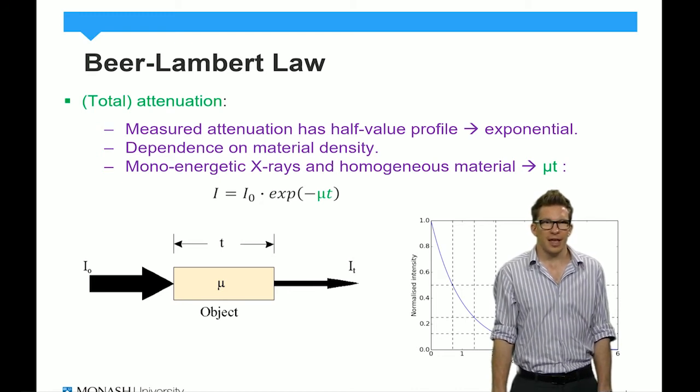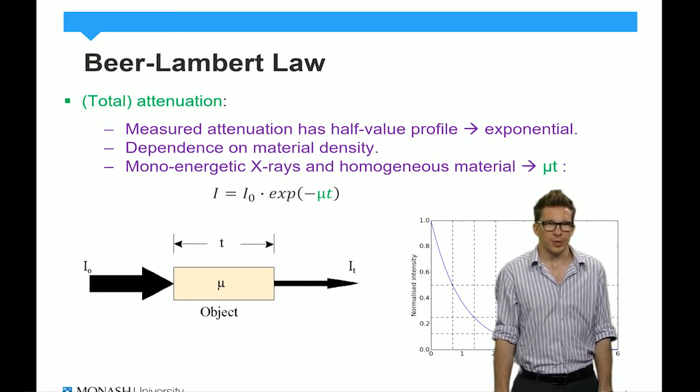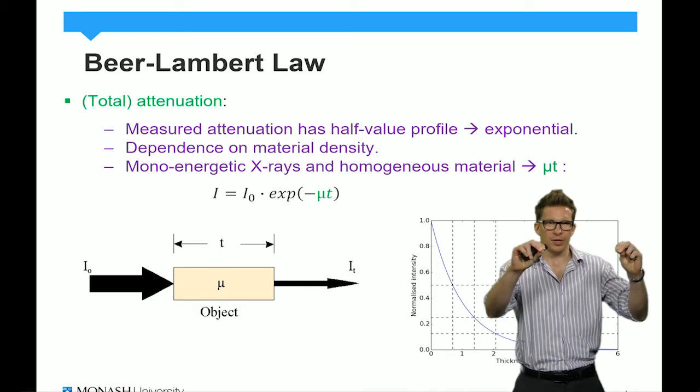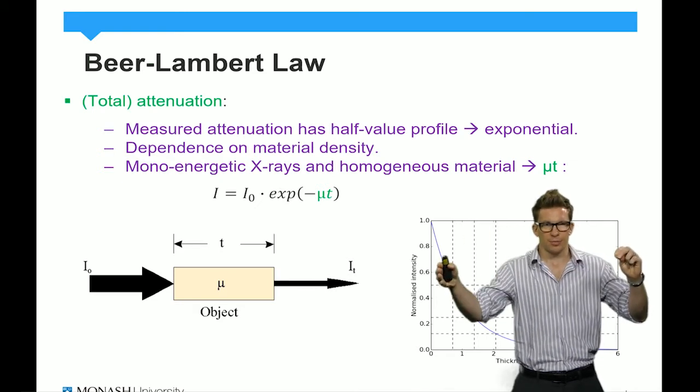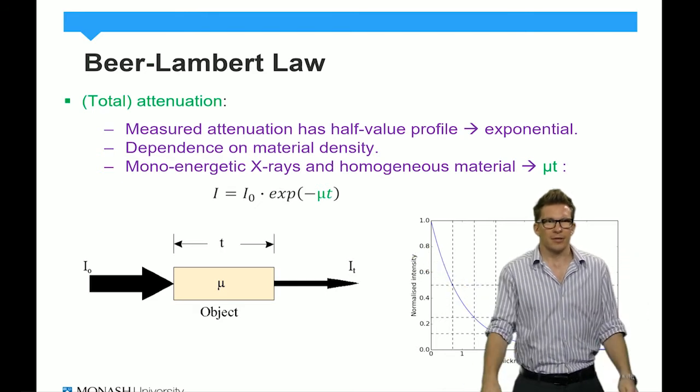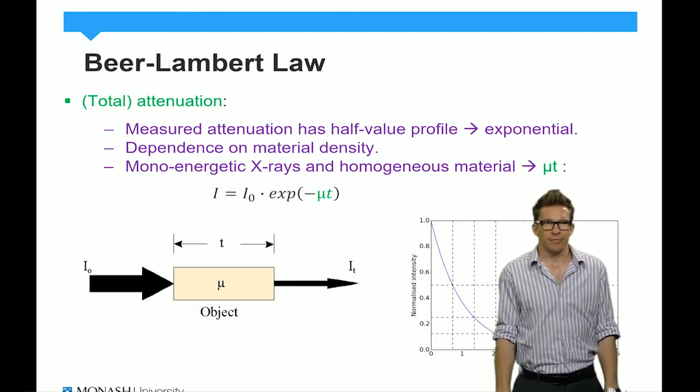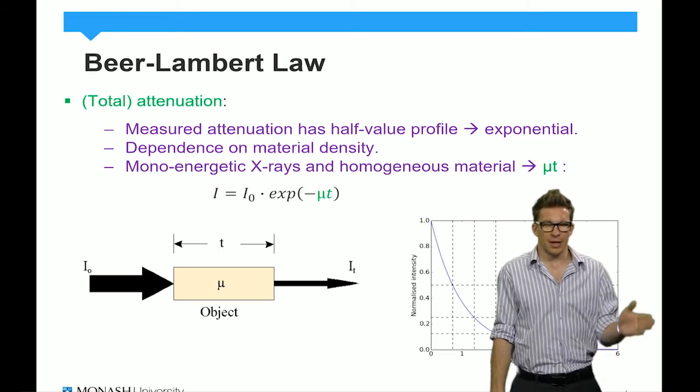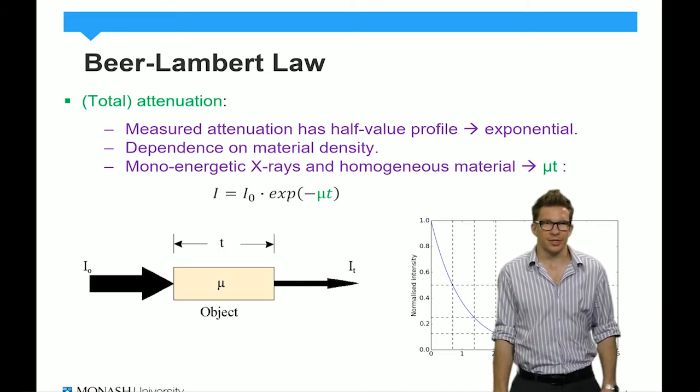Now we can see the relationship between the intensity of X-rays, that's I, coming from the source, incident on the object, and then passing through the object to be incident on the detector. The incident intensity I0 is diminished, and we have a lower intensity that comes out the other side of the object and can be incident on the detector.